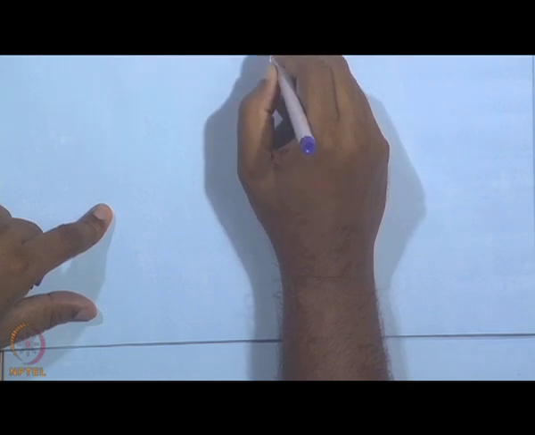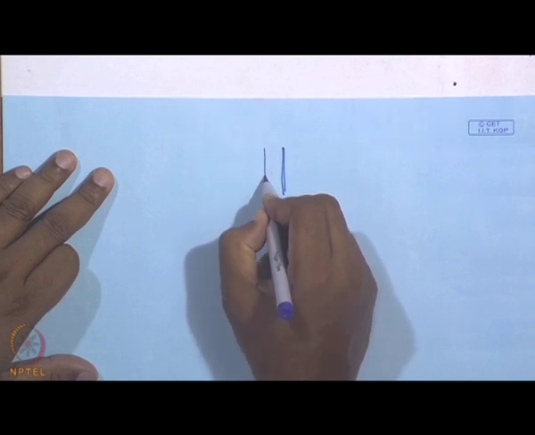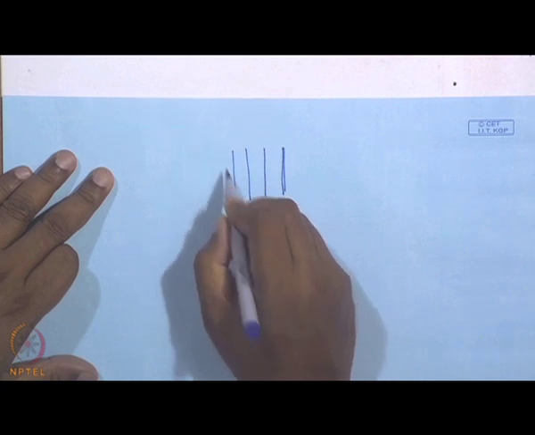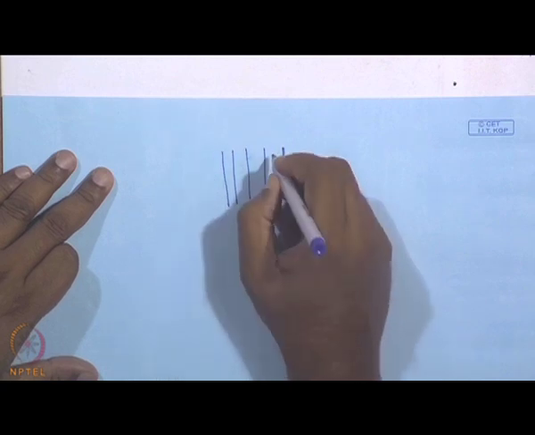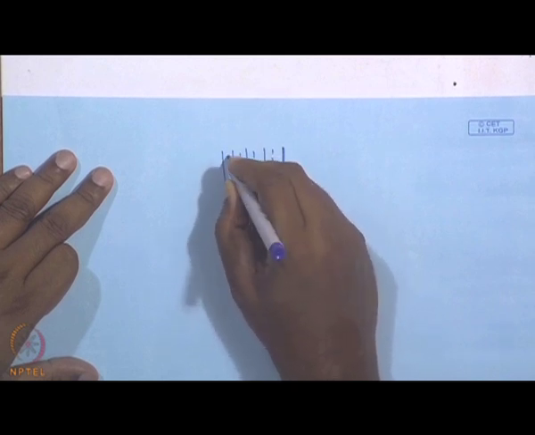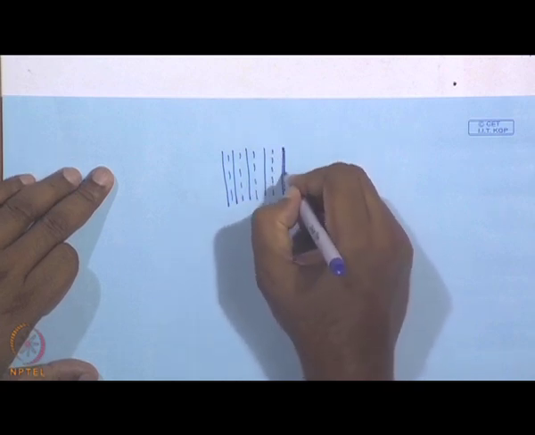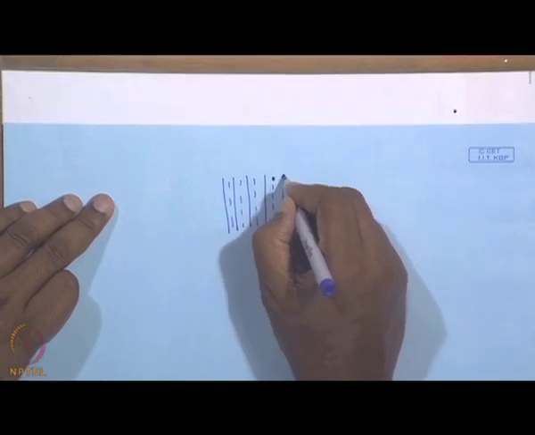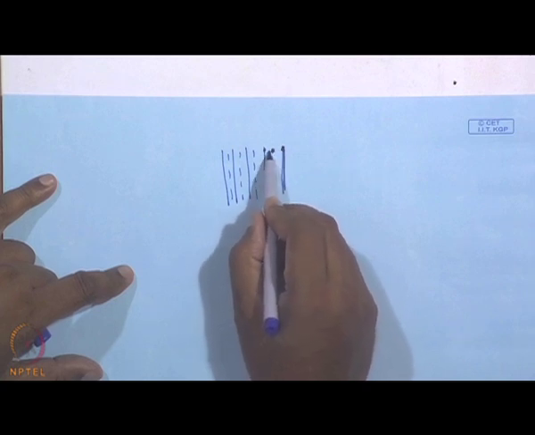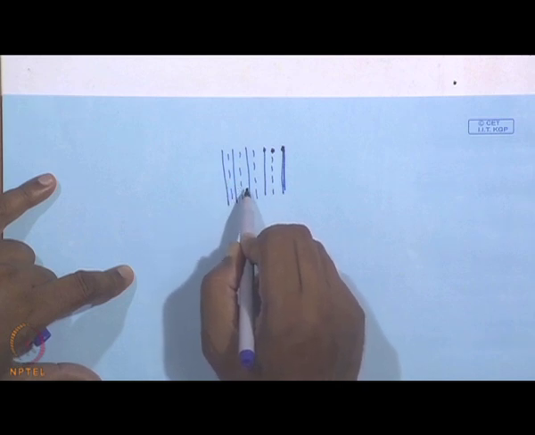I have fringes: the first dark fringe, the second, third, fourth, and so on. These are the bright fringes in between. At these discrete points I know what the thicknesses are, but if I would like to know the thickness in between the points also, I need to use a technique called image processing.